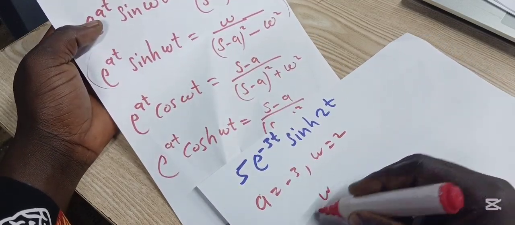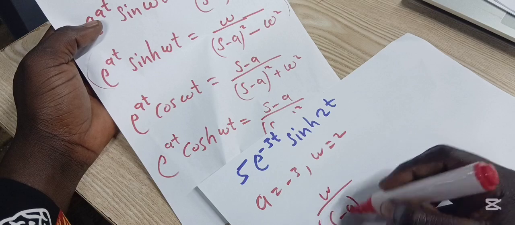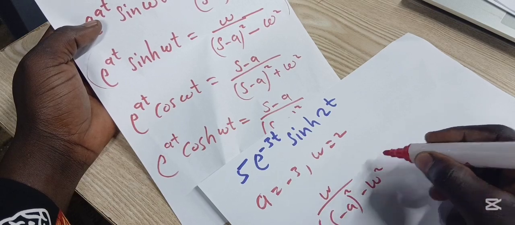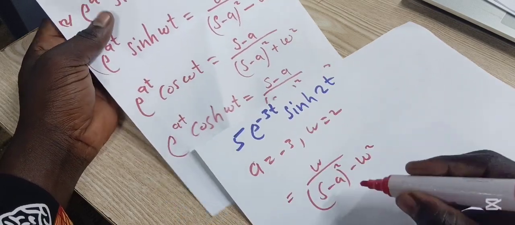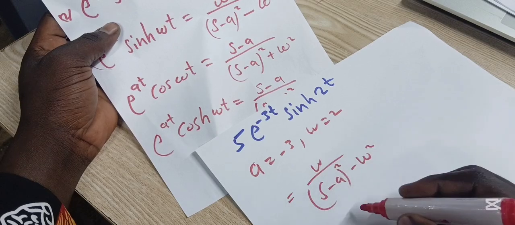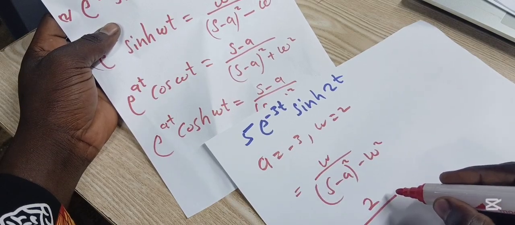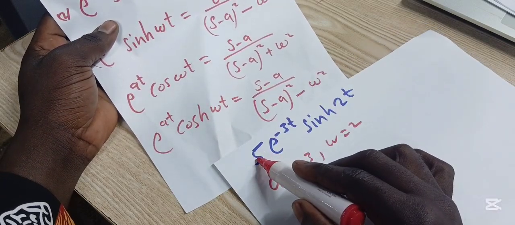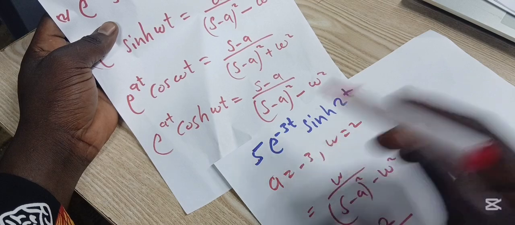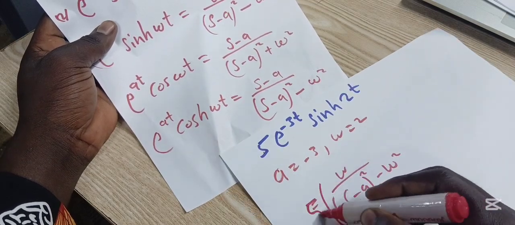So now let's start substituting. We're going to get w over s minus a all squared minus w squared. So this is going to give us 2, but don't forget we have 5 here. So 5 is multiplying the whole thing, so I have to bring 5 here.